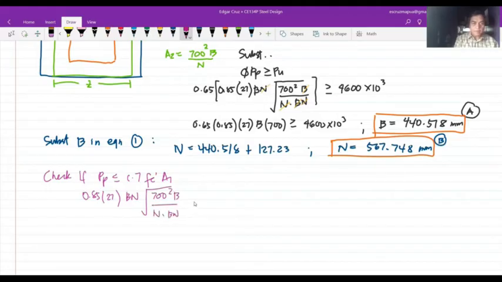Okay? So, yan yung PP natin. I-check natin siya kung less than siya ng 1.7 FC prime, which is B times N. Okay? So, substitute lang natin.